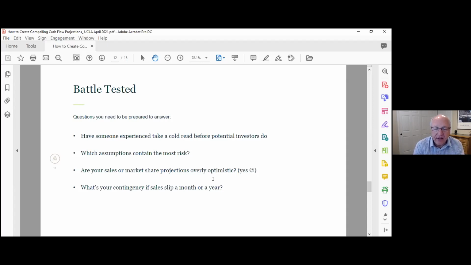And this is something that I'll often do for free with people forming companies. I'll give them one of these templates where they can build the cash flow, and then I'll say, here's how to build it. Now go build it. If you have questions, ask me. But when you're done, come back.